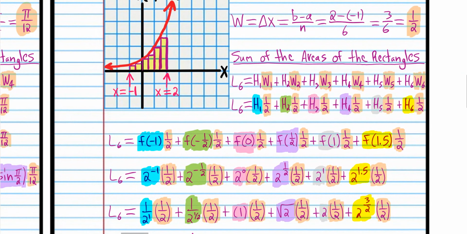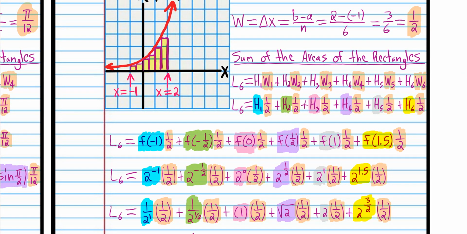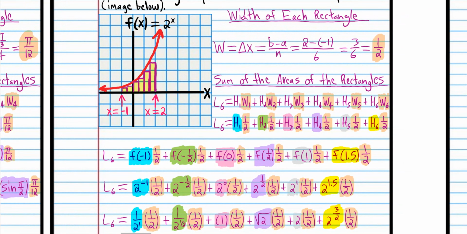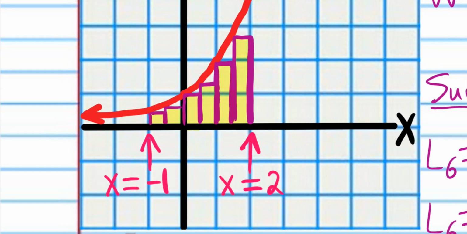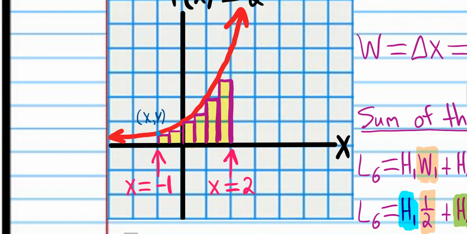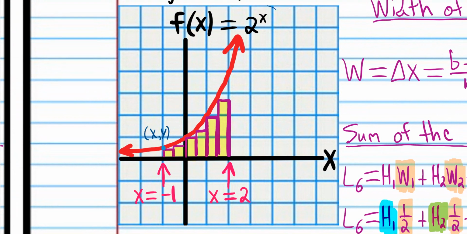So the height of the first rectangle, the farthest left rectangle, is 2 to the negative 1 power. Do you see what that is? The height of that small rectangle is 2 to the negative 1 power. Again, we need to use this blue point, the y value of the blue point, which is the output of this function.